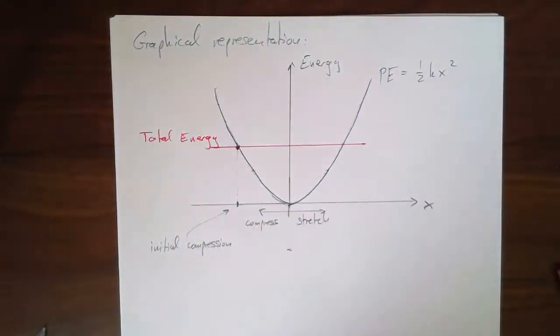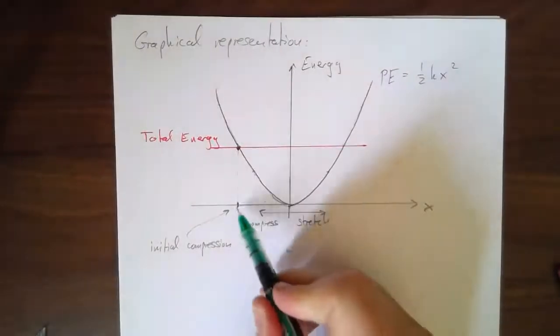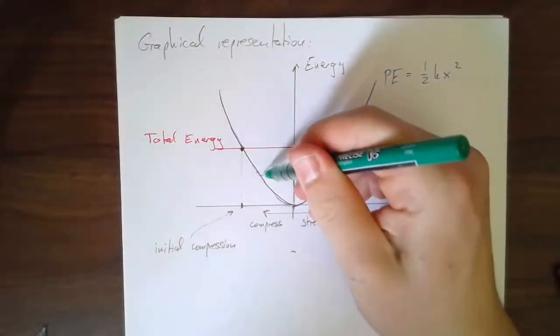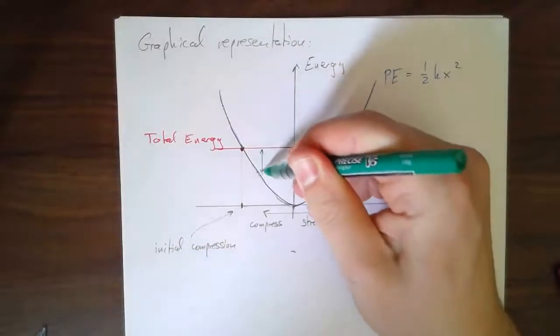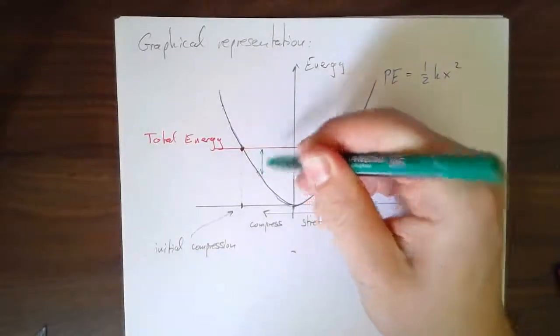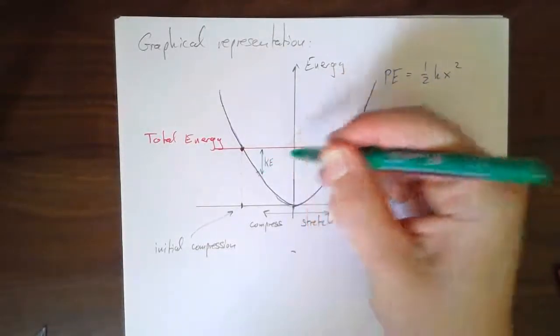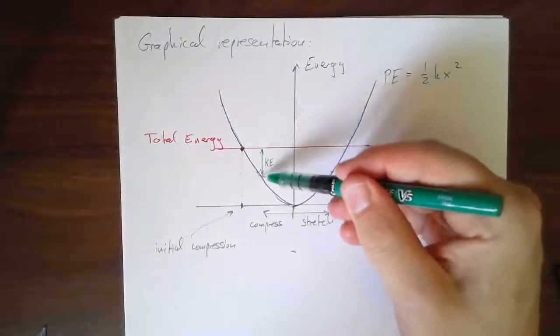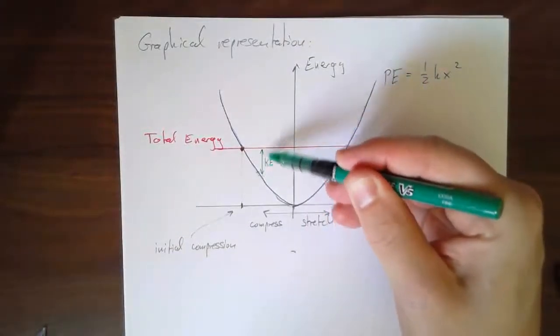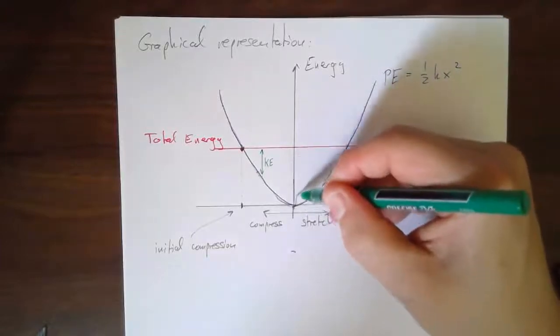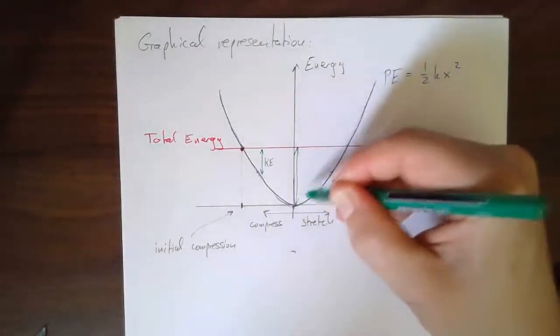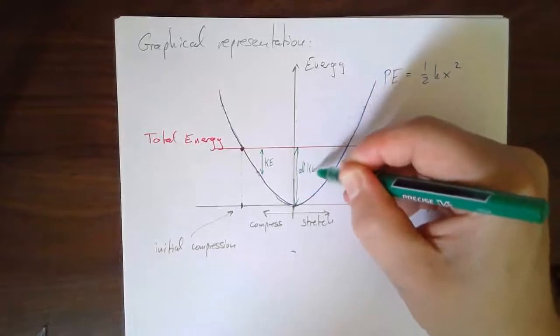So if now the spring moves by a certain distance, say from here to here, then the missing potential energy represents the kinetic energy. Because the total is the same, the potential is this, therefore the missing part is the kinetic. And right at the bottom, of course, this is where it's all kinetic energy.